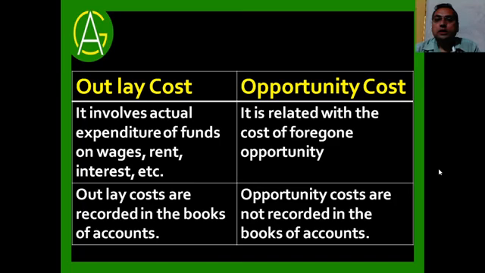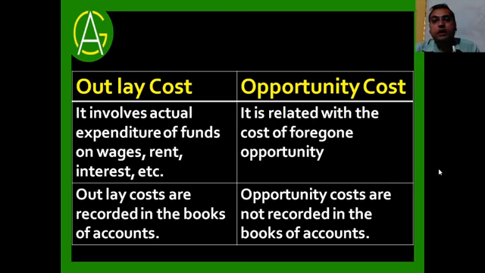Now again, remember that explicit cost was also saying the same thing. Wages, rent, interest paid to the outside factors is considered as explicit cost, and that was also considered as accounting cost. So the conclusion is accounting cost is also known as explicit cost, and it is also known as outlay cost.